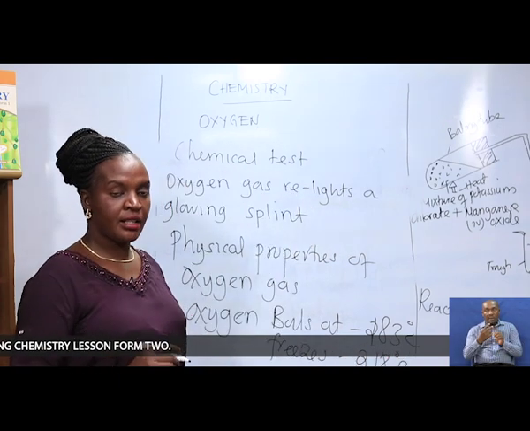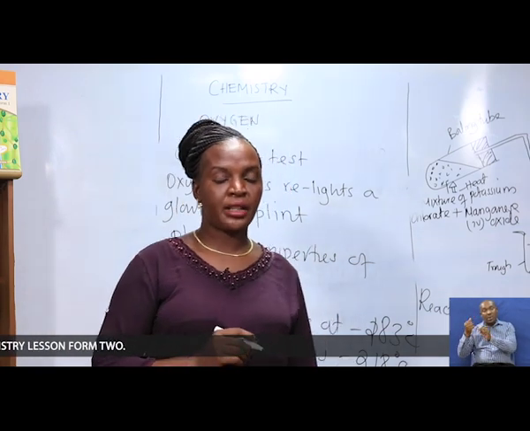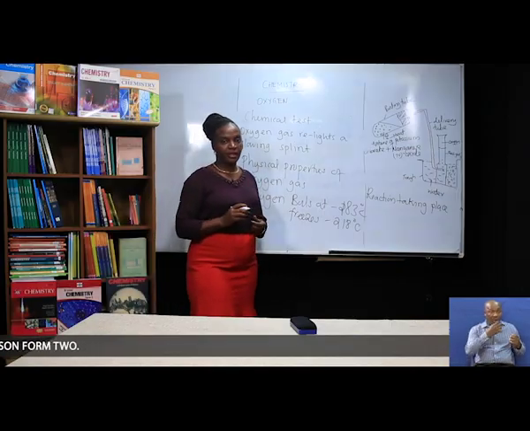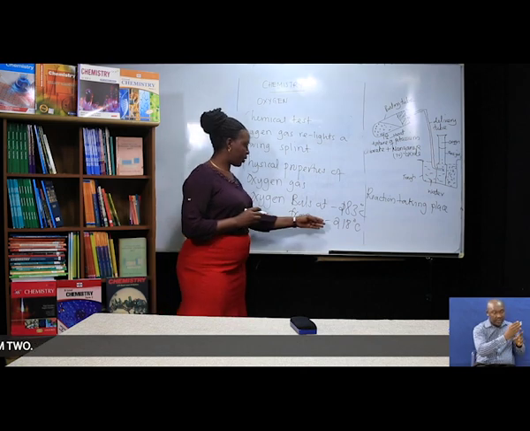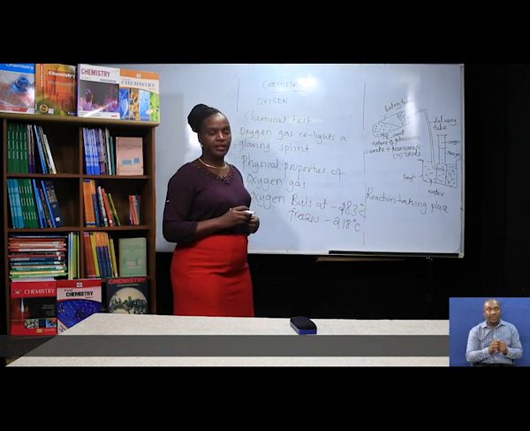So the boiling point is negative 183. The freezing point of oxygen is negative 218 degrees centigrade.